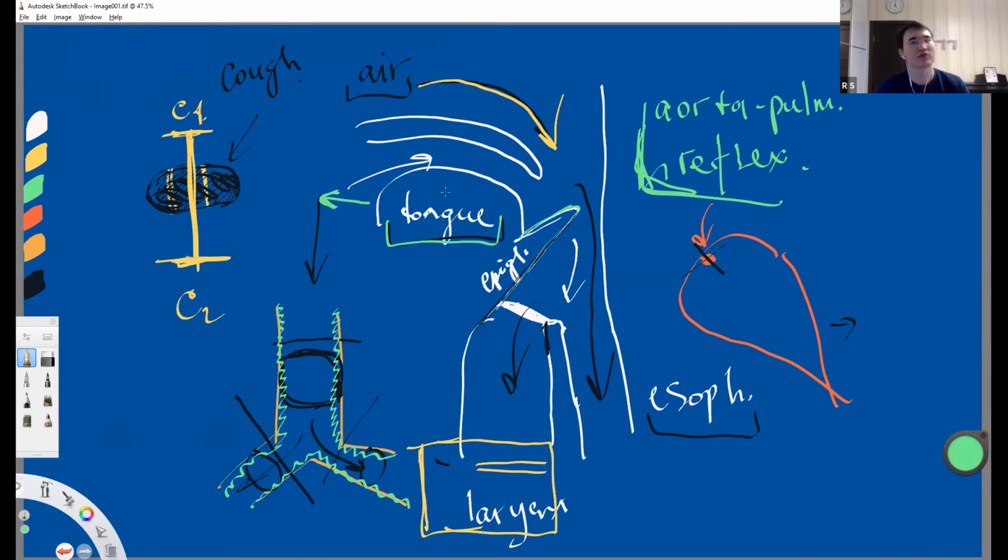So whenever you eat or drink in this position, your epiglottis does not close the larynx fully. We have a small hole here, and the food or water can get inside the larynx. So do not extend your neck whenever you eat or drink.